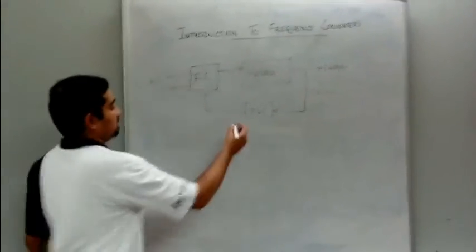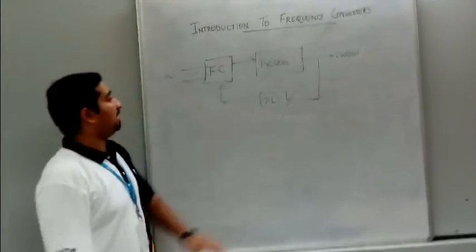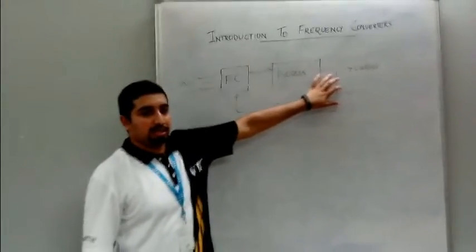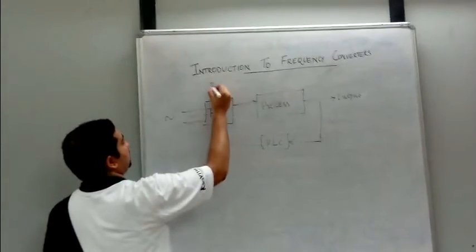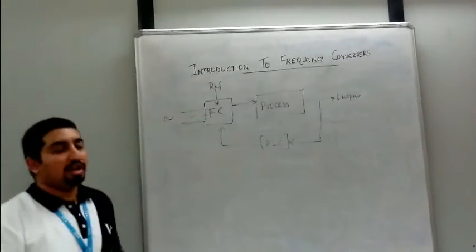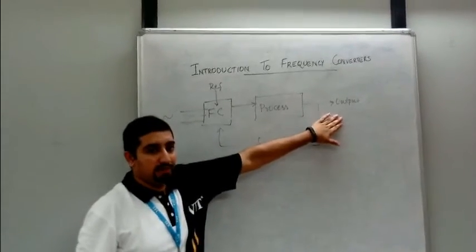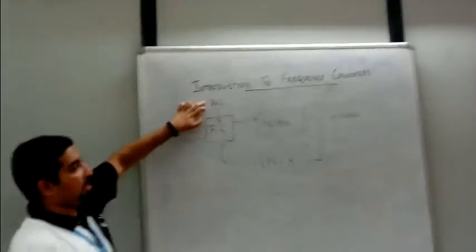Okay, so now what this entire system does is, depending on what output is present and what output we require, that is the reference that we give. Let's say we want some particular speed here, so that will be given as a reference value here.